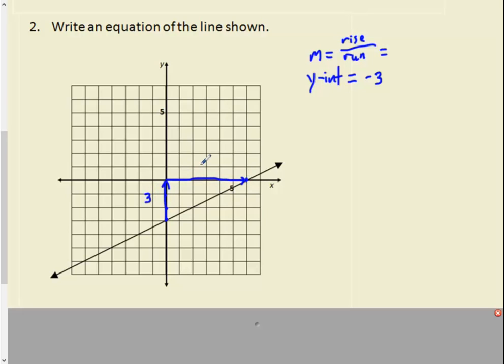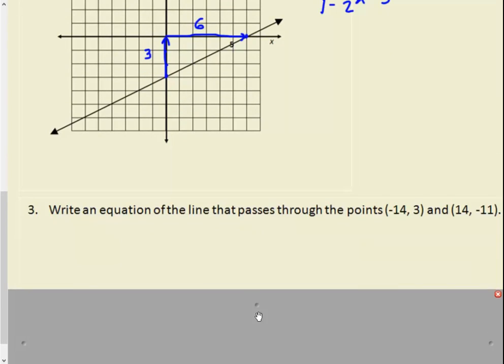So up 3 to the right 6 will simplify to a slope of 1/2. So now that we have the slope and the y-intercept, we can write our equation. y equals 1/2 x minus 3. And so now for any given value of x, we can calculate what the value of y would be.